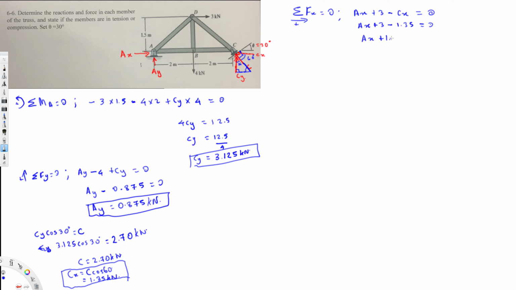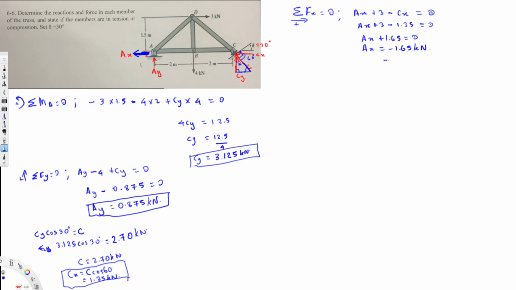So it's going to be 1.65 is equal to 0, and this answer comes out negative. Therefore we know our direction is wrong. This is going to be the opposite direction, this direction.